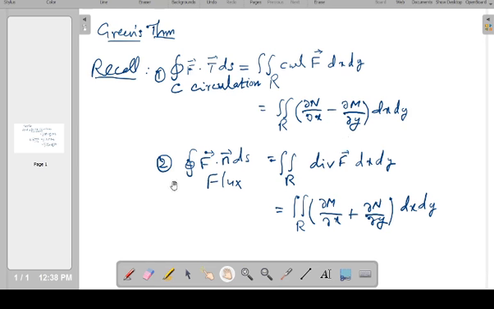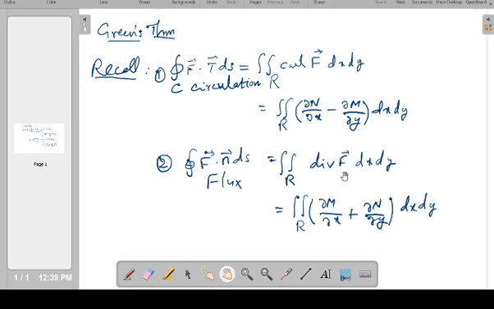And the second form of Green's theorem says the integral of F dot n ds. So the normal component of F, its integral, is called flux. Flux is related with divergence. So flux and divergence. Flux equals the double integral of divergence of F dx dy.